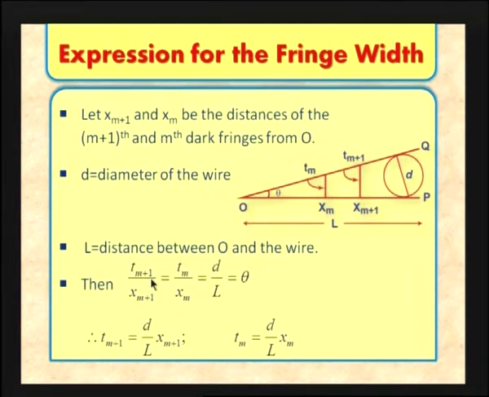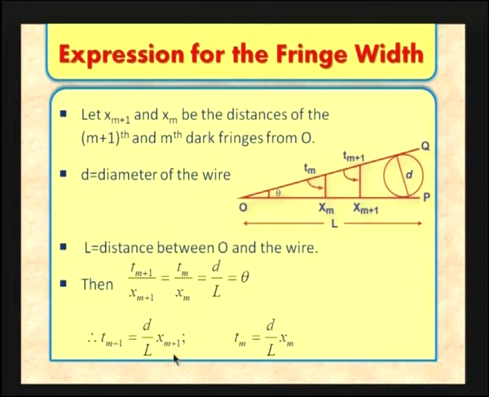So, your T m plus 1 will obviously be equal to d by L times x m plus 1. You take this x m plus 1 to the right hand side. So, that gives the thickness of your air film, the film that you are having, which is made up of air, T m plus 1, and T m refers to the thickness of the air gap corresponding to the mth dark band.